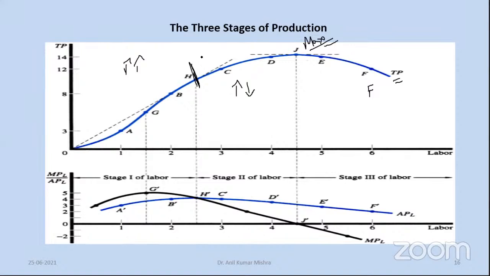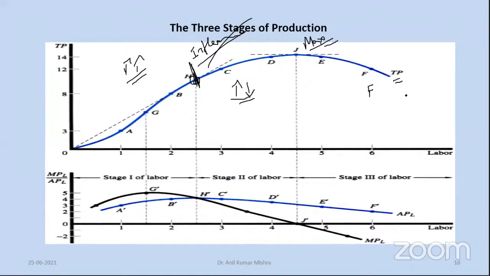You can write down the term inflection, INFLECTION. So this is the point of inflection, and this is the point H, the conversion point. And this is the maximum point. Then it will fall, right?